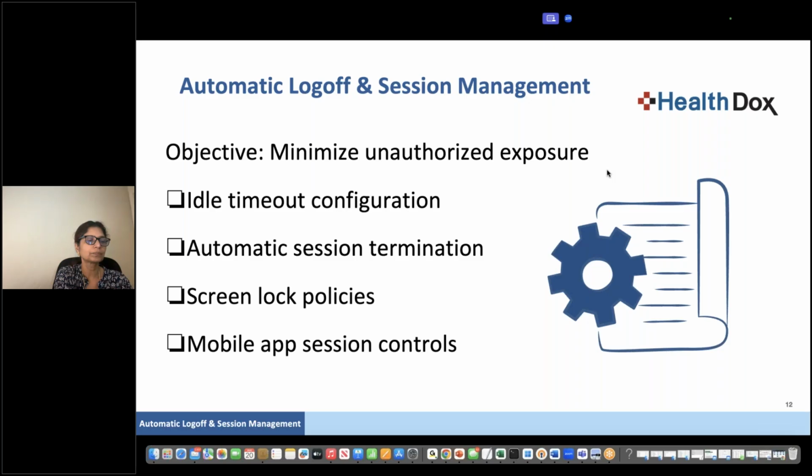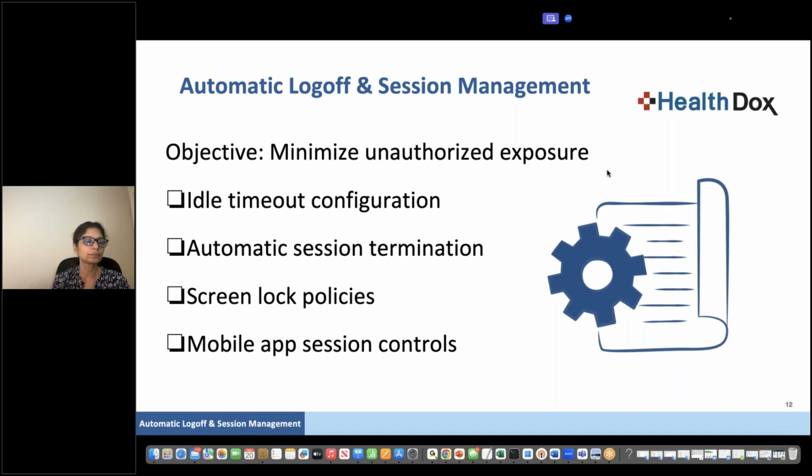So now let us understand the technical controls. What is the difference between technology safeguards and technology controls? The difference is very minimal. Technology safeguards are the standard-driven requirements, like HIPAA regulation lays out.